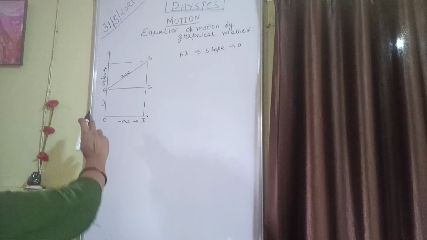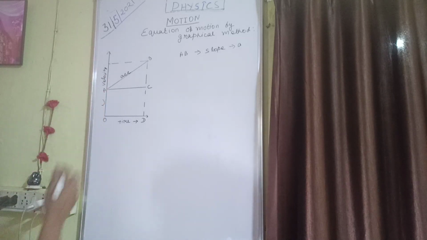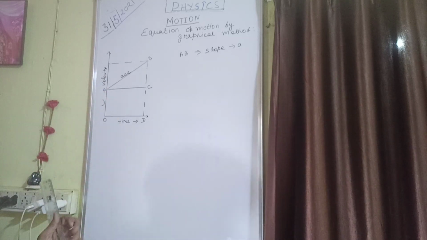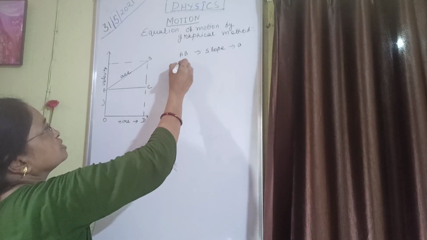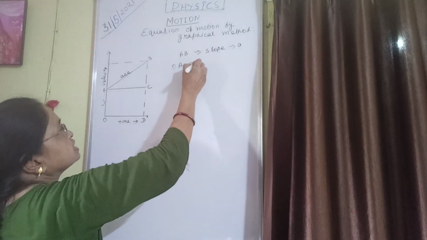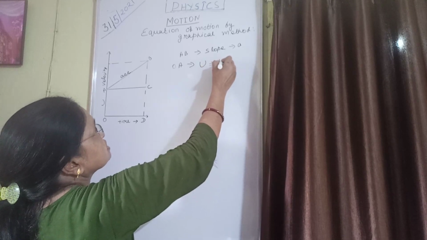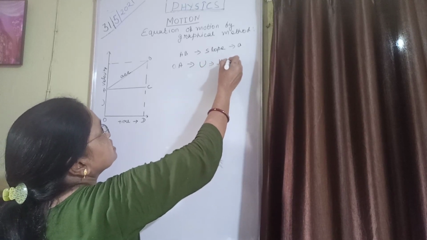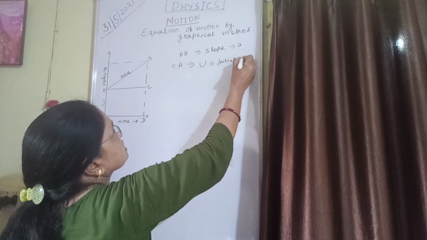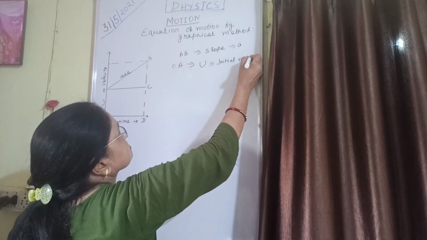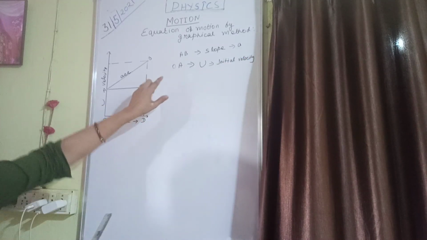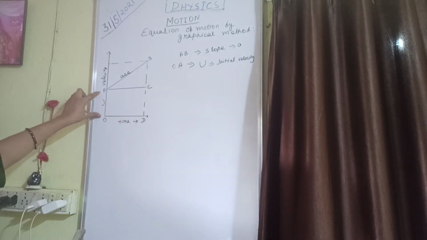So students, OA is nothing but the initial velocity. You know u is the initial velocity. So we have got OA is u.